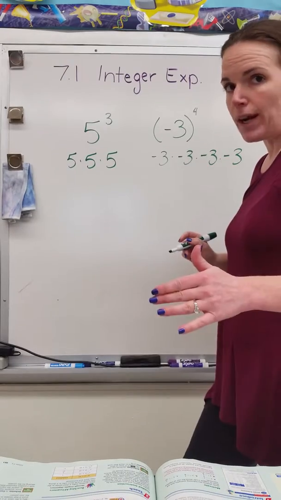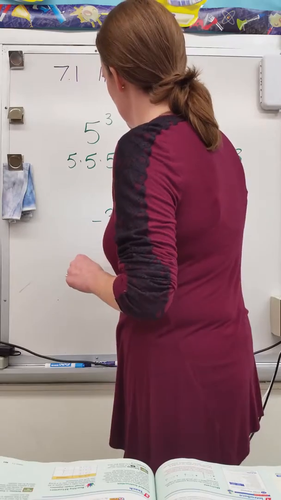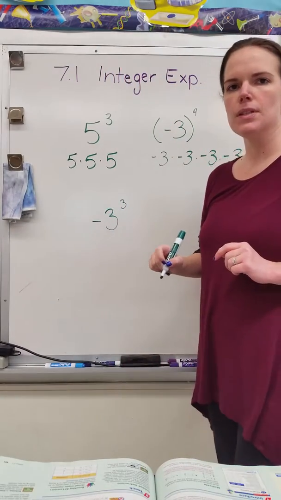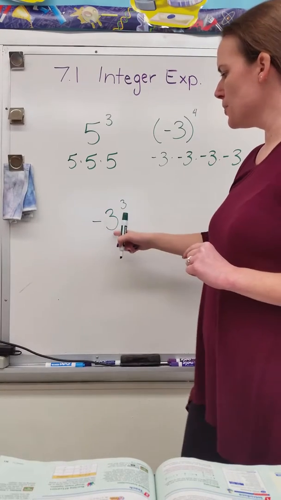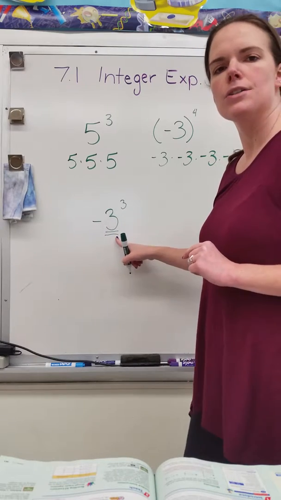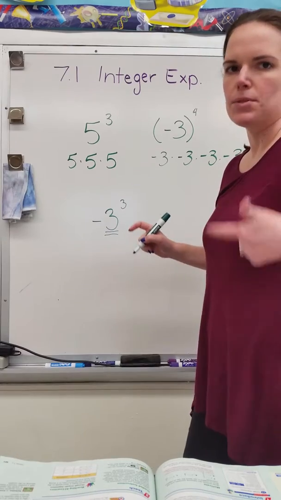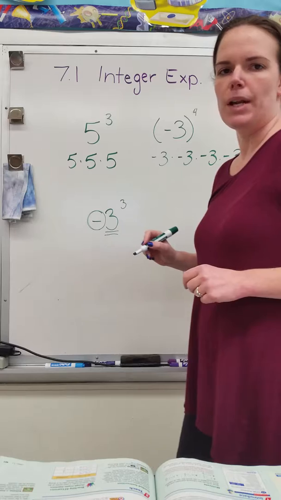That is different than if you have, say, this. What this is going to tell you to do is take 3. This time 3 is your base. And you're going to take 3 to the third power, which means 3 times 3 times 3, and then make it the opposite when you're done.